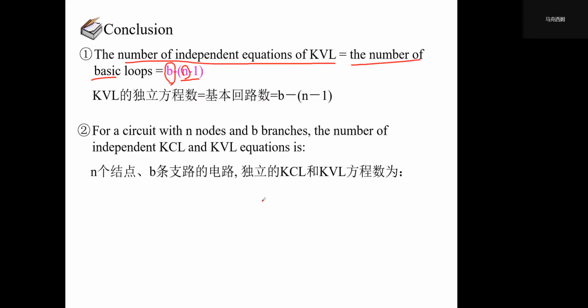So for a circuit that has n nodes and b branches, the independent KCL and KVL equations it has are limited by this number.